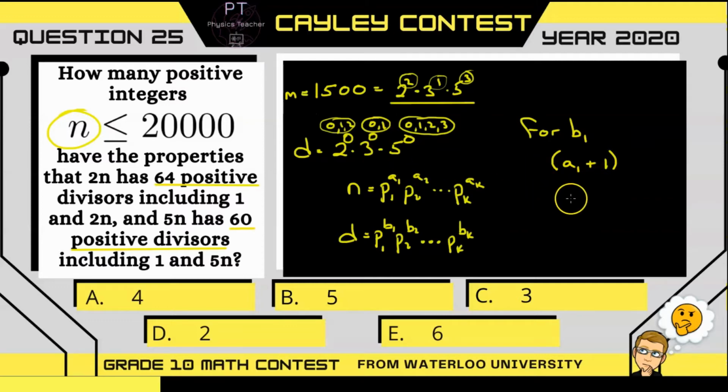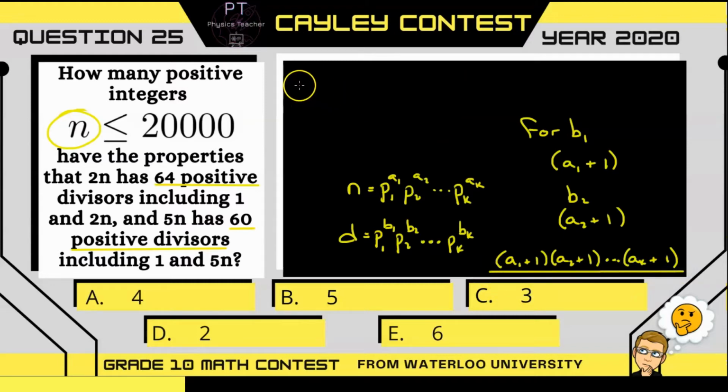And similarly for b2, there are a2 plus 1 possible values. And since every combination of these possible values gives a different divisor d, then we could say that there are a1 plus 1 times a2 plus 1, all the way up to ak plus 1 possible divisors.